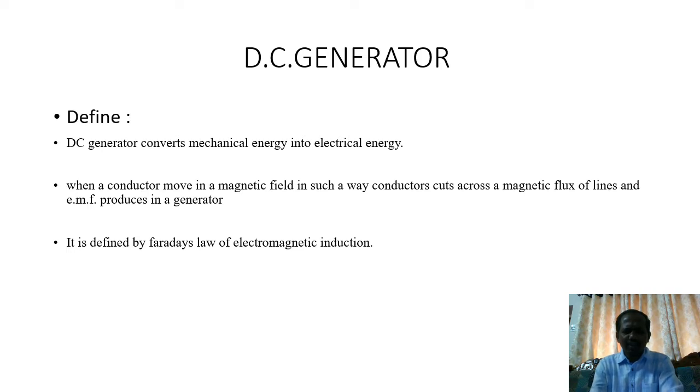When a conductor moves in a magnetic field in such a way that the conductor cuts across the magnetic flux lines, an EMF is produced in the generator. This is defined by Faraday's law of electromagnetic induction.